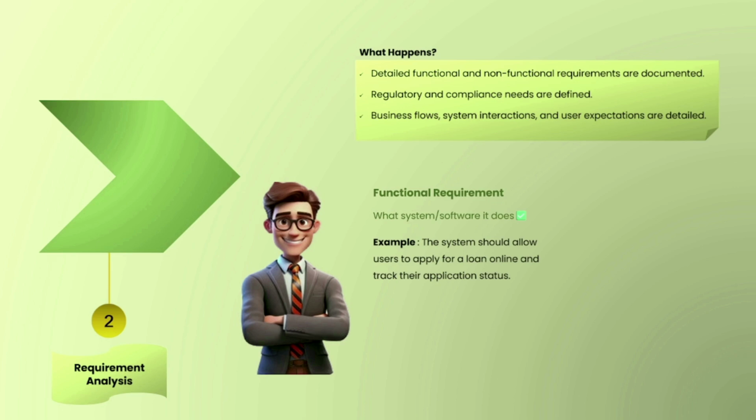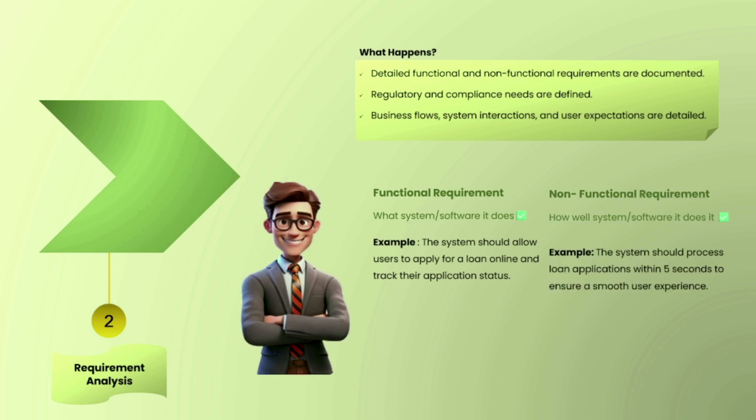This is the requirement in the form of a need that comes from the stakeholder, and we convert it into a functional requirement. And what is the non-functional requirement? This thing is not told to us by the stakeholder. Here, how well the system and software does, meaning we are talking about the performance of the software.